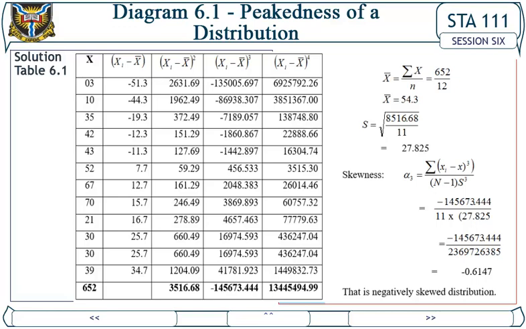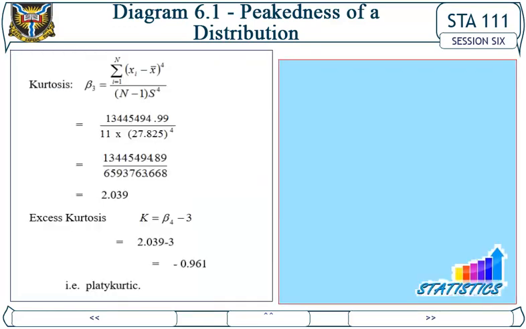27.825. Skewness alpha 3 is equal to minus 0.6147. That is a negatively skewed distribution. Kurtosis is equal to 2.0039.